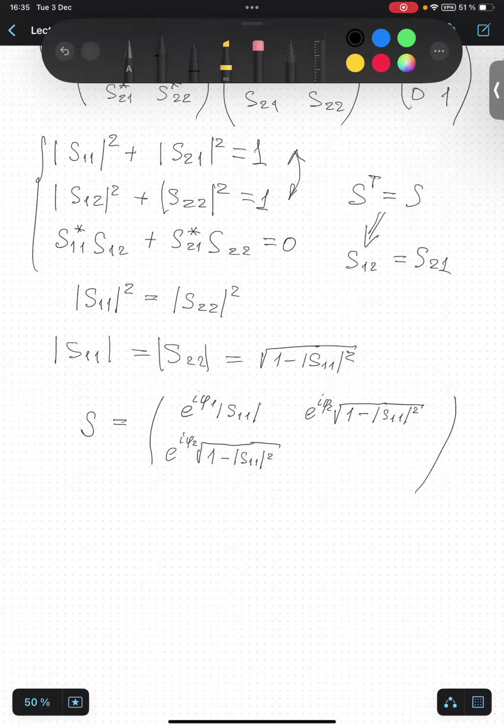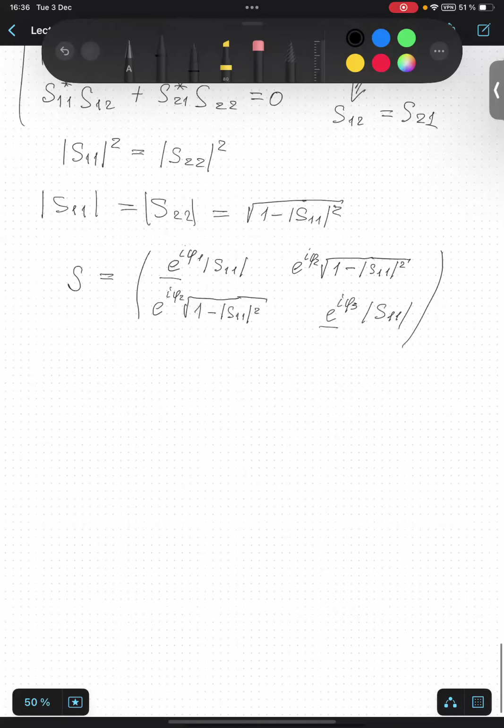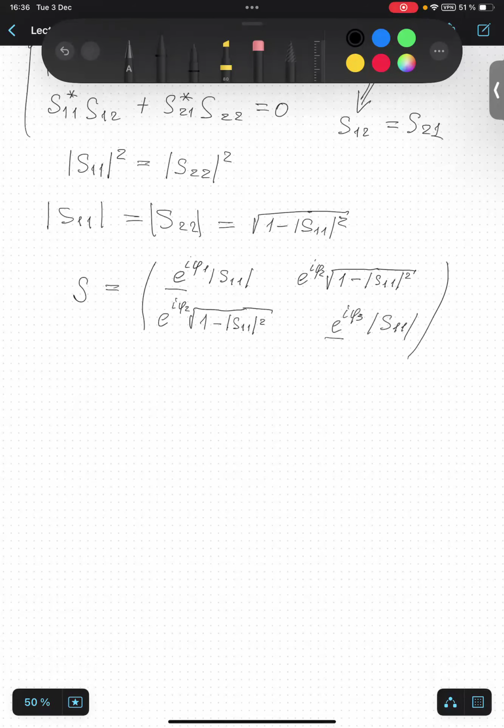And here some e^(i phi3). So in general, these phases can be different. So what do we have in general here? We have 4 independent parameters: 3 phases and 1 matrix component, S11.